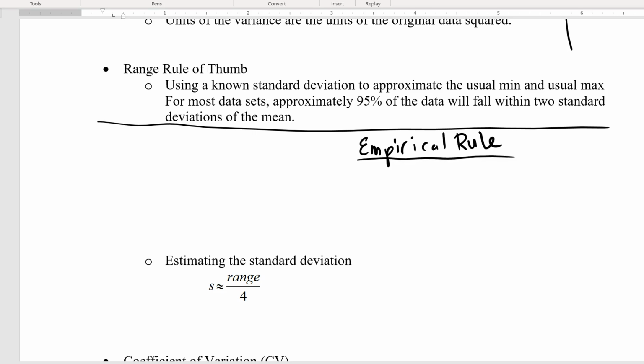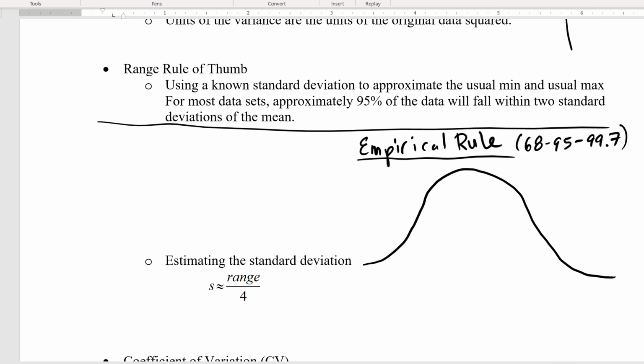The empirical rule is also known as the 68, 95, 99.7 rule. You're like, well, that's a really weird name. Okay, well, here's the idea. If I have a normal distribution, in the center, if it's perfectly normal, would be our mean. And going to the right, each of these would represent one standard deviation.